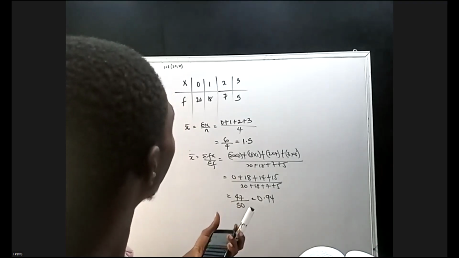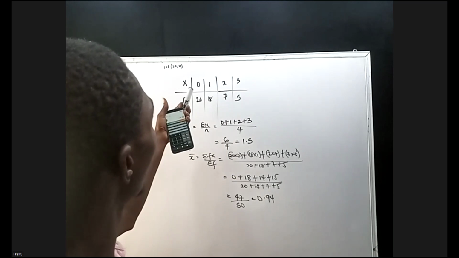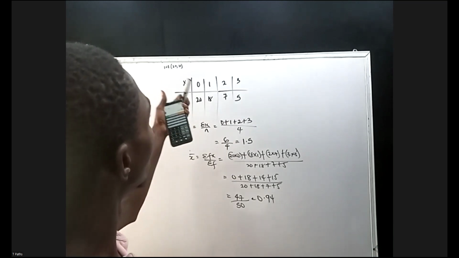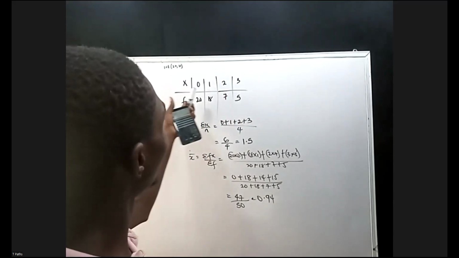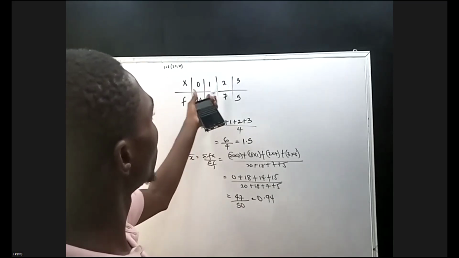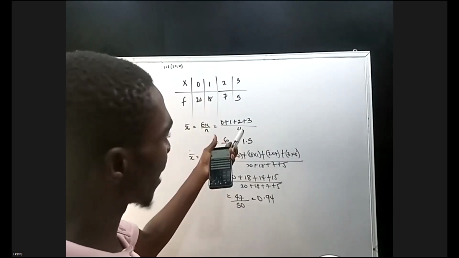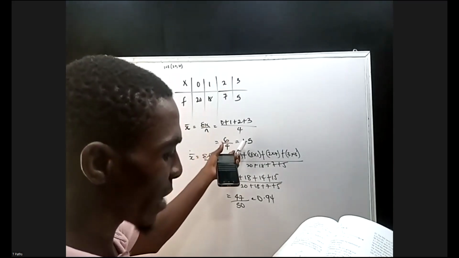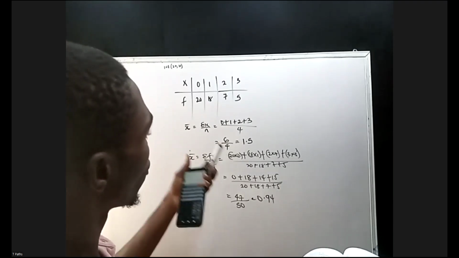So the median is always the middle number, isn't it? And the numbers that we have here are 0, 1, 2, 3. If we are to get the middle number for x, then it will be 1 plus 2 divided by 2, and that is 1.5. So the answer for this median would be 1 or 2.